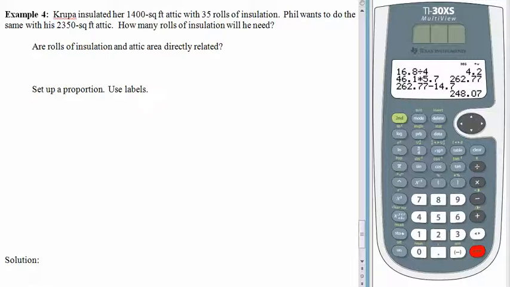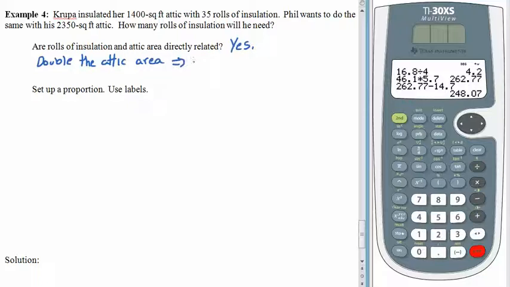Are the rolls of insulation and attic area directly related? Absolutely. This is a yes. But of course, the real question is why? Because if you double the size of the attic, the attic area, what does that mean?